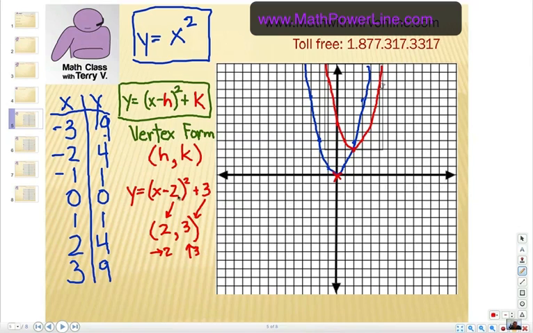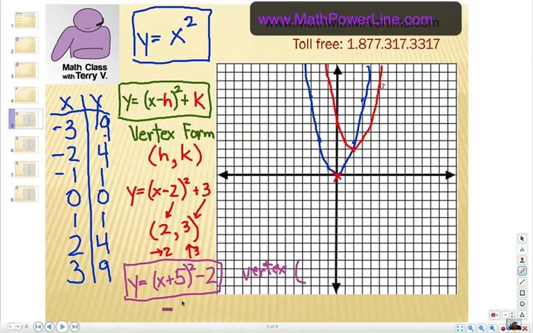All right, so let's go ahead and take a look at one more example. y equals x plus 5 quantity squared minus 2. So if our equation is in that form, the vertex form, we should be able to pick out where the vertex is going to end up. Now let's take a look here. If it's adding 5, now in vertex form it says minus here. So what are we really subtracting?